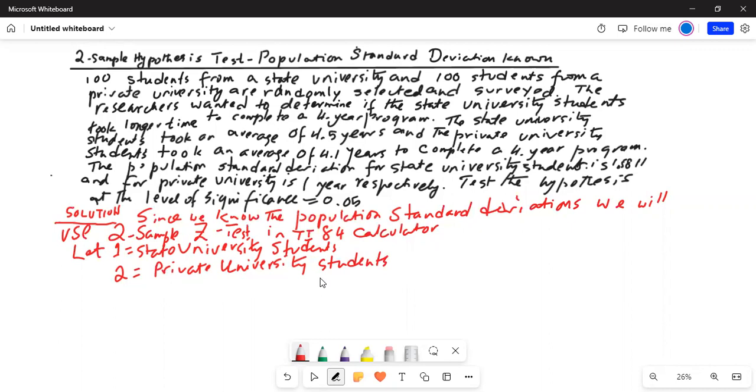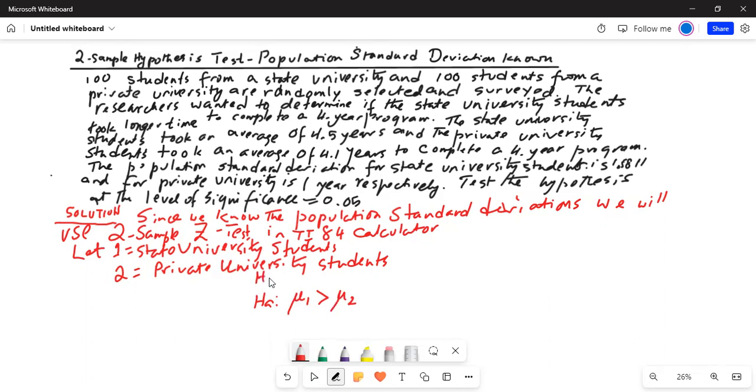So the researchers wanted to determine if state university students took longer time to complete 4-year program. So the alternate hypothesis is mu1 greater than mu2. Okay.